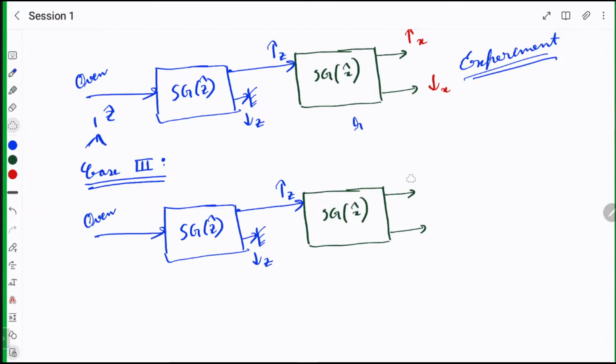So we saw that from the experiment, both up x and down x are coming out. Now let's say we stop this and we extend this. We feed this to another Stern-Gerlach apparatus, but this time oriented along z.